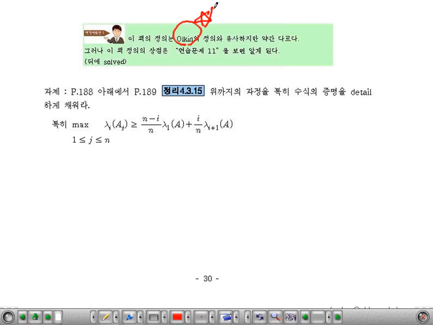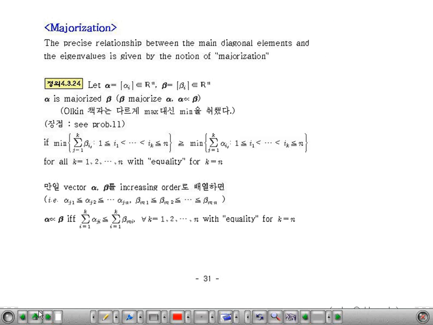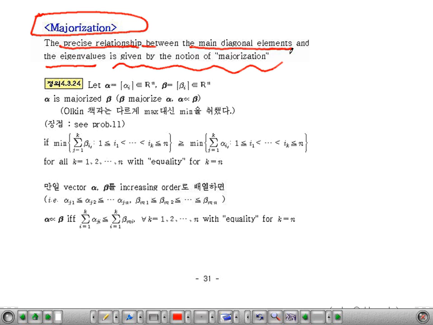The book, Majorization and Its Inequalities, is a whole textbook of this volume. I will show it later. And now I introduce the concept of majorization. The precise relationship between the main diagonal elements and the eigenvalues is given by the notion of majorization.